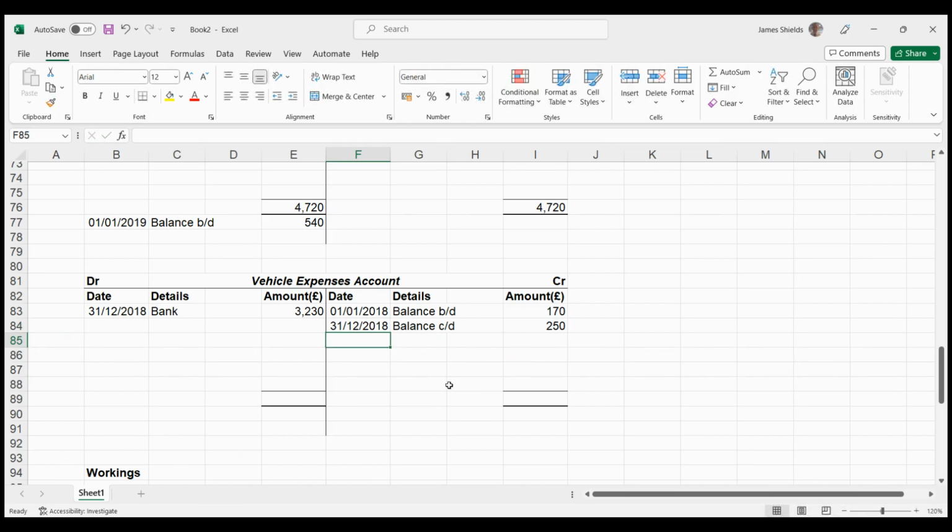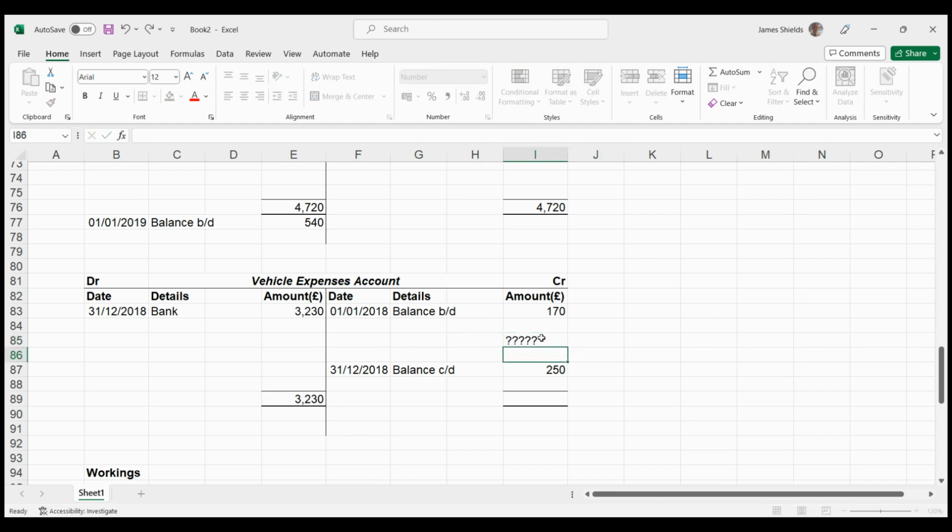Now again, we need something to go into the income statement. So I've noted that side there totals £3,230. This side totals £420. So I'm going to have to add something on this side. But we want the balance carried down to be at the bottom, or the last entry in our information. So I'm going to move it down a little bit. So now the difference I'm going to put in there.